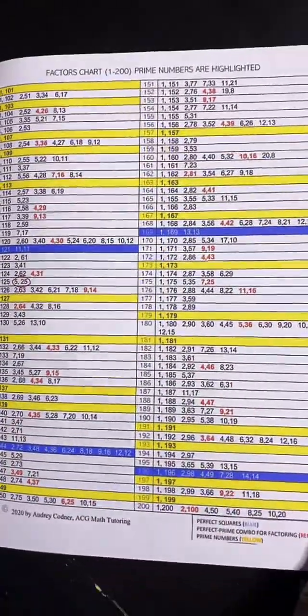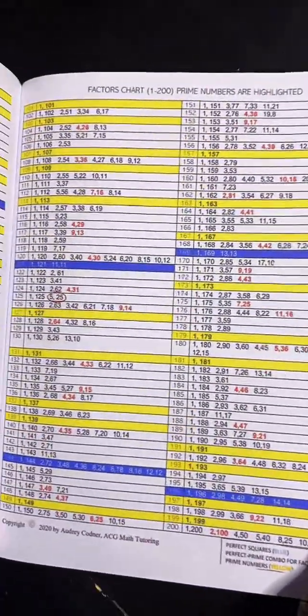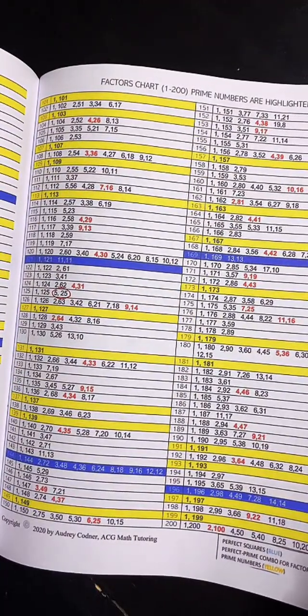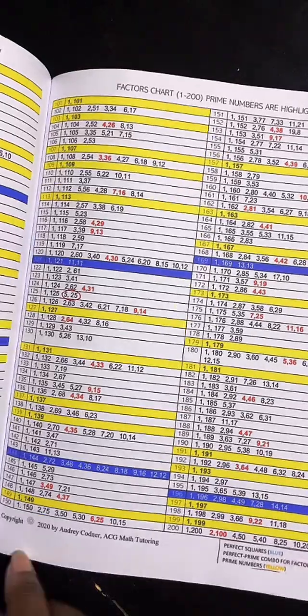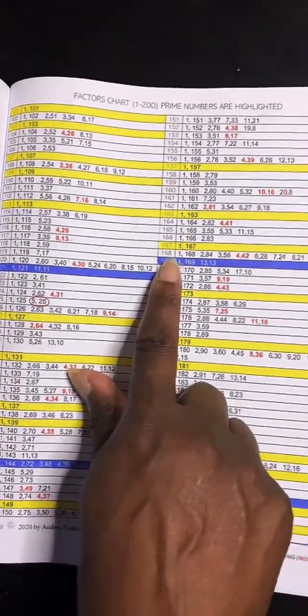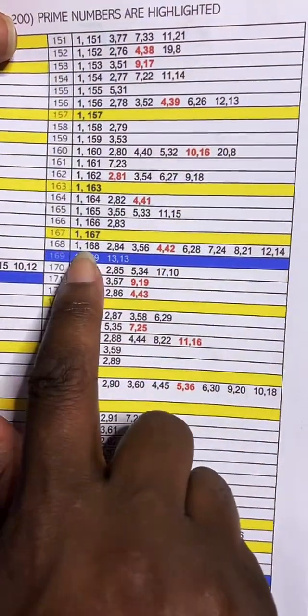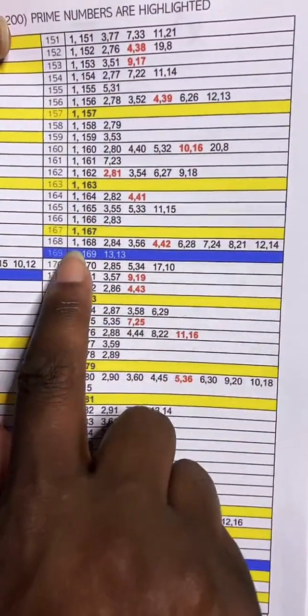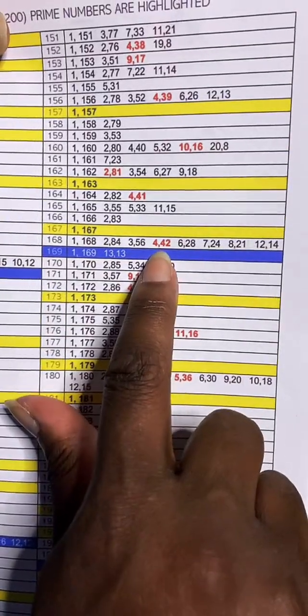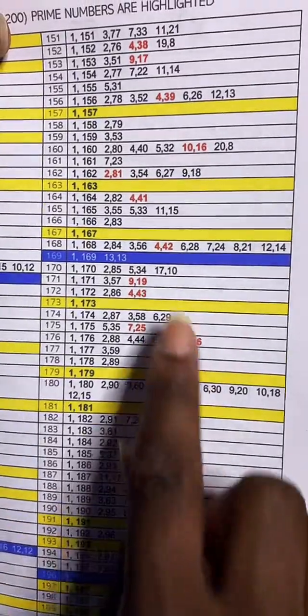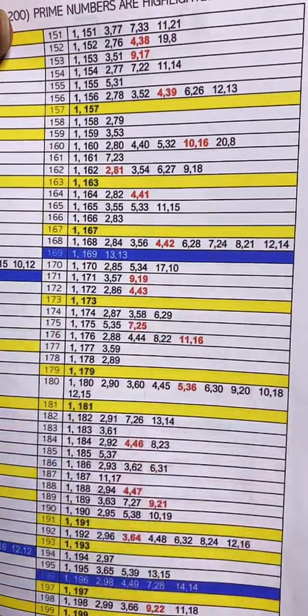Now, in addition to these, I have resource pages. So right here, when you had problems with your factors and didn't know what numbers to multiply, I have a factor sheet from 1 to 200 that will give you all its factors. So if I wanted to break down, say, the square root of 168, I'm going to go to 168, which is right here, and I notice the factors of 168.